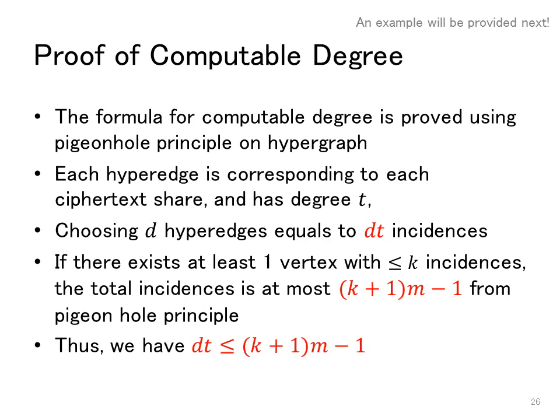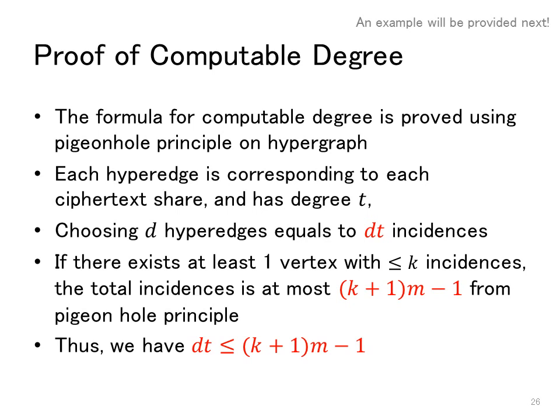In our setting, each hyperedge corresponds to each ciphertext share, and each hyperedge has degree t. To compute a degree d polynomial, we consider all combinations of the ciphertexts. This is equivalent to choosing d hyperedges in the graph and results in dt incidences.